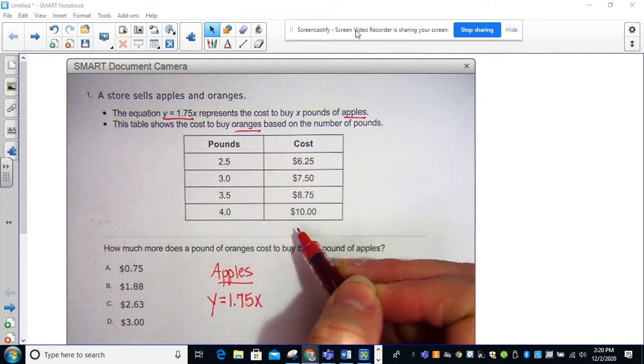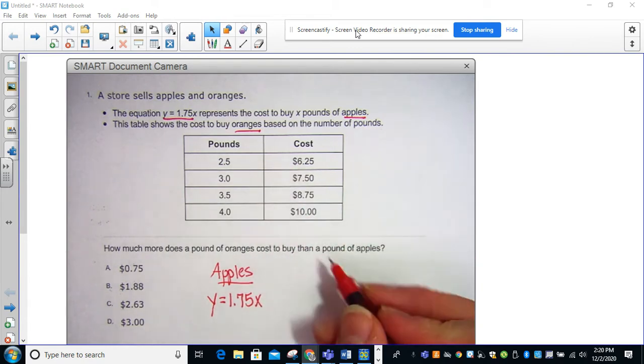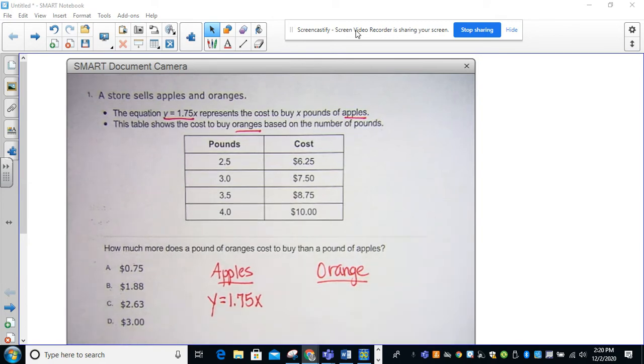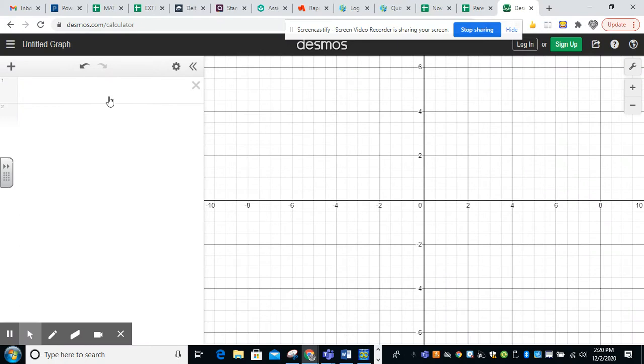So if you're given this table of values, you're going to have to find the equation that goes with this table. So I'm going to go to Desmos. And here I'm looking still at the problem.